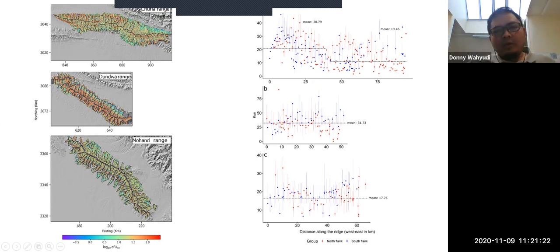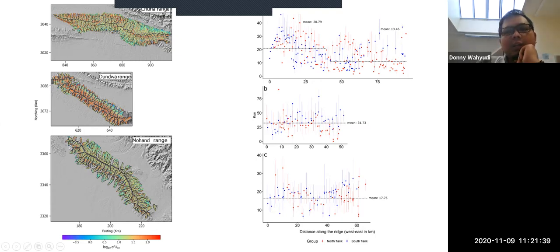And to make the observation easier, I've plotted the median of KSN in each of these basins as a function of KSN and distance along the ridge.